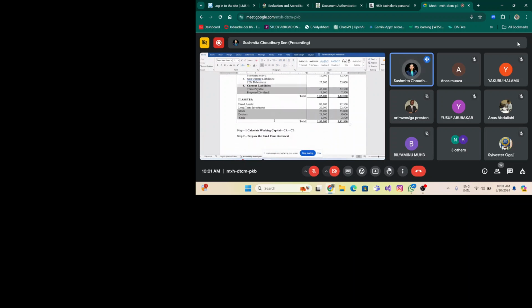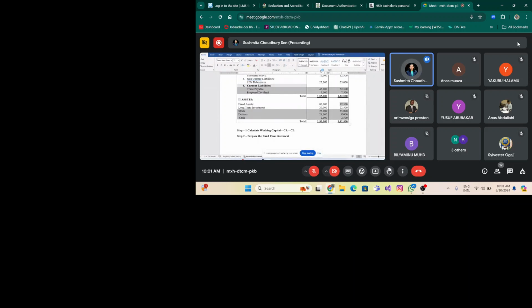Now after that, look at the figures available under assets. Here we can see fixed assets going from 80,000 to 92,500. That means your fixed assets are increasing, which means you are purchasing more fixed assets, and it leads to an application of fund.